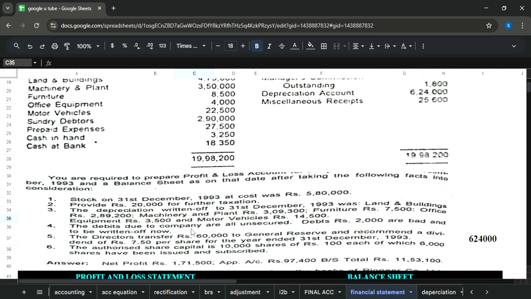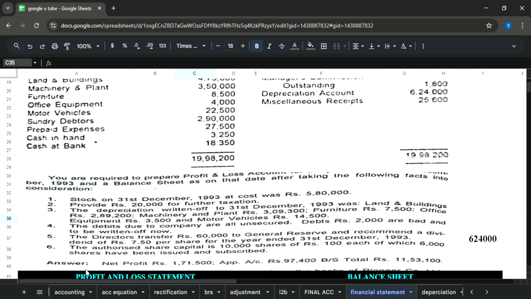Debts due to company are all unsecured. Debts of 2,000 are bad and to be written off now. So this 4,300 was supposed to be present over here, and it has not been mentioned in the book. So how we are going to proceed, it depends.